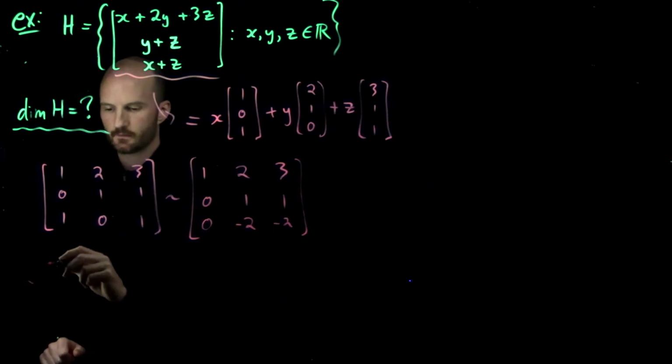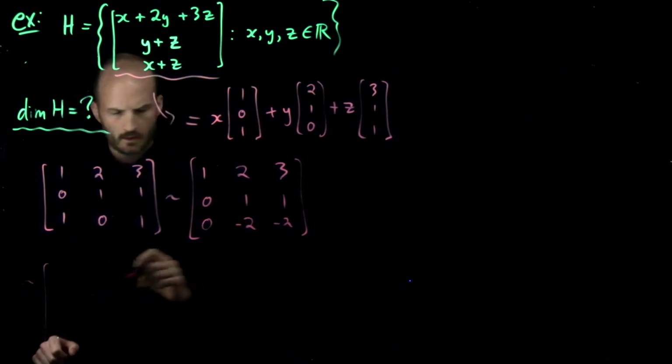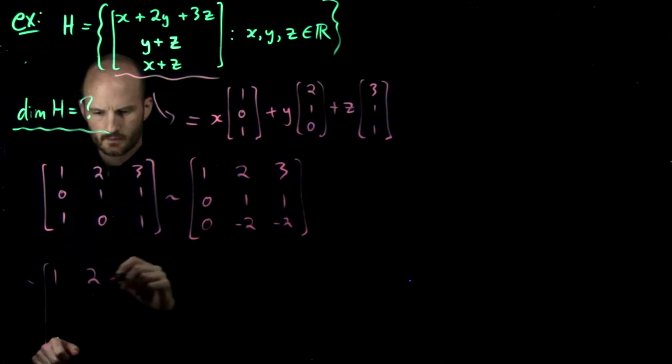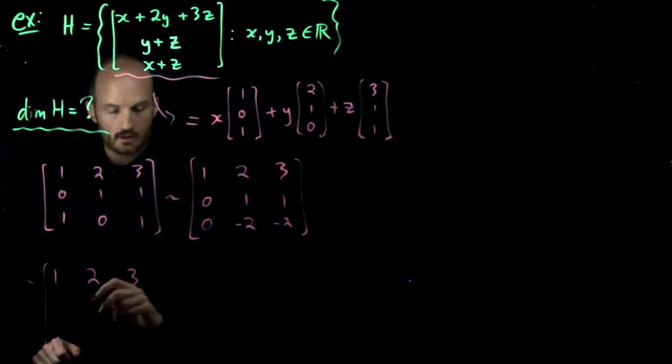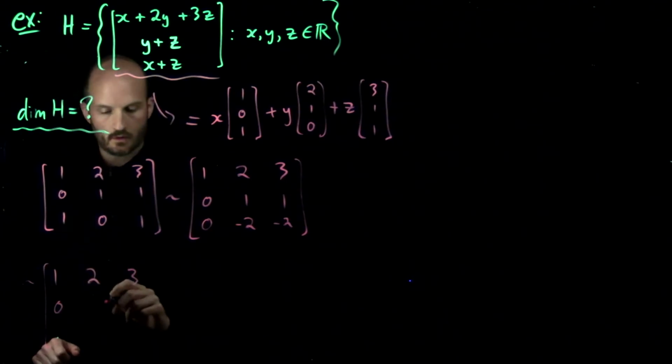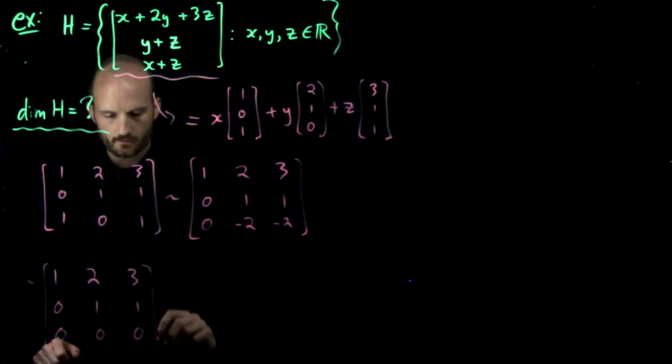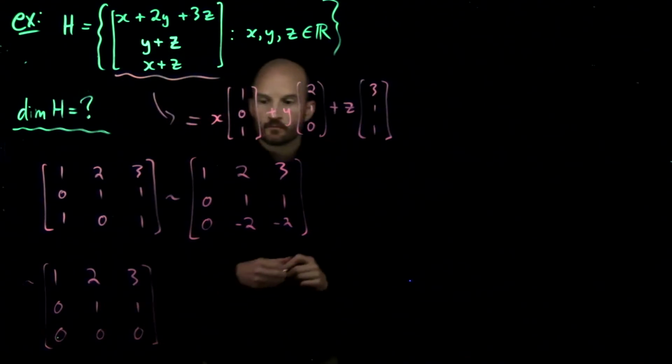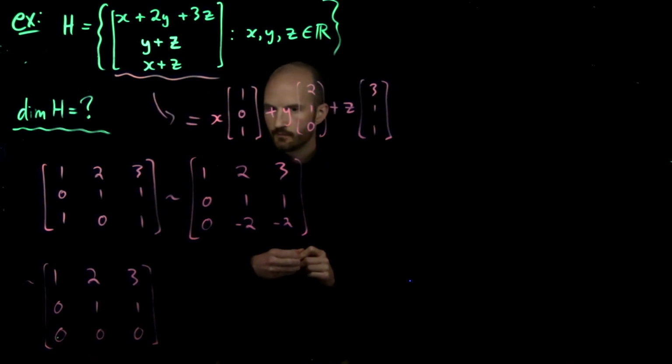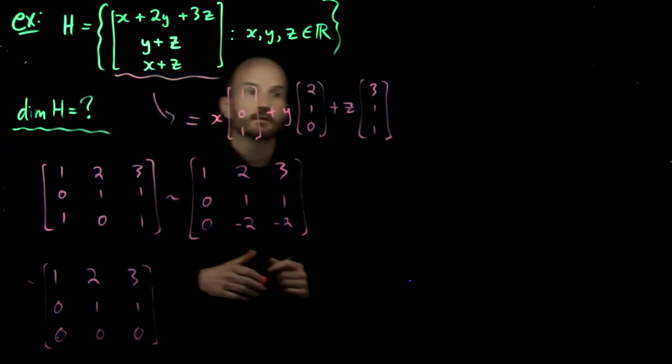And then I get 1, 2, 3, 0, 1, 1, 0, 0, 0. So we see that they are not independent.